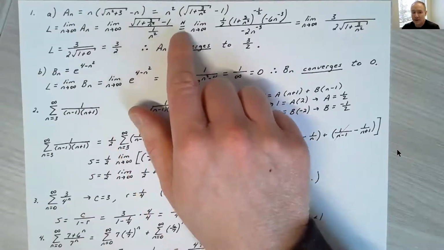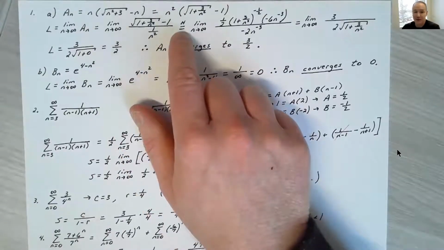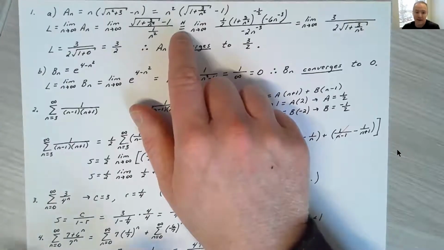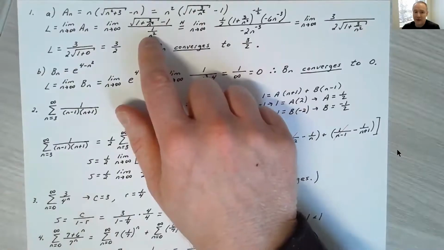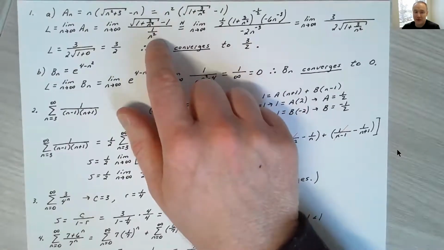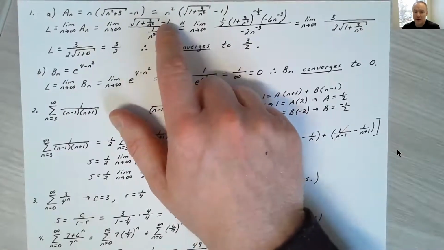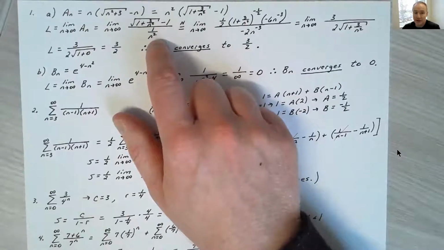Now, L'Hopital tells us to take the derivative of the numerator and the derivative of the denominator, and then try to take the limit. Because at this point, this fraction is of indeterminate form. The numerator is going to 0, the denominator is going to 0 as n goes to infinity. 0 over 0 is indeterminate in limit form.